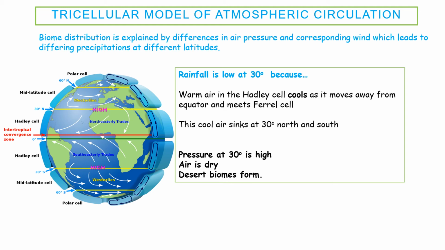So as the air is moving away from the Hadley cell, the air is cooling, okay, and as it cools it starts to sink down, and therefore the air pressure is quite high. The air is dried out because the water's been lost already, and that's why you get desert biomes forming.